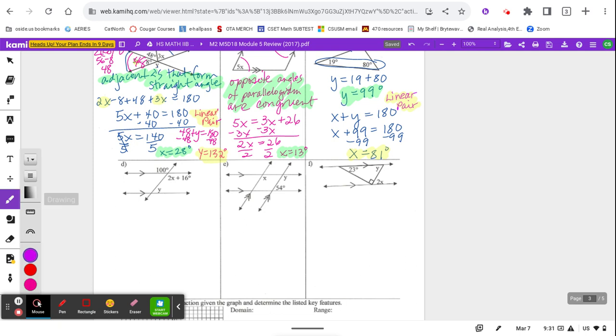Okay, next one. I'm going to use vertical angle theorem first to say that 100 is equal to 2x plus 16. So we go 100 minus 16 is 84. 84 divided by 2, and we get that x is equal to 42 degrees.